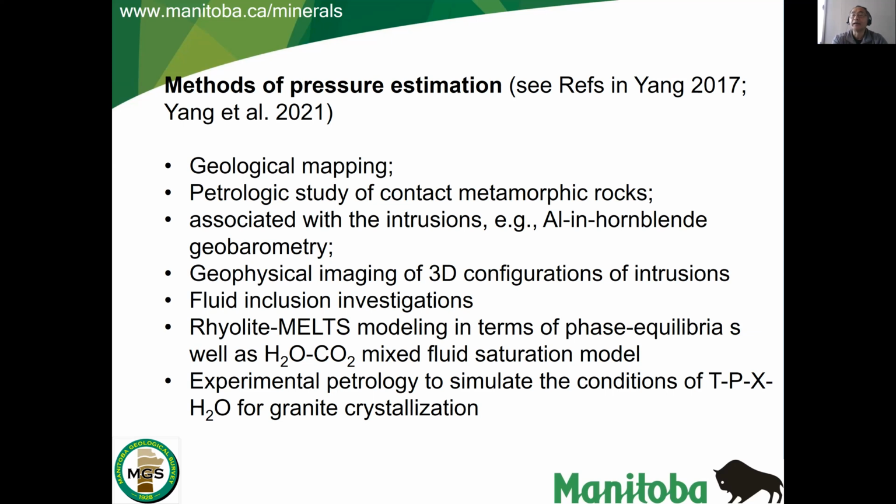That is derived from the aluminum-in-hornblende geobarometer, and some people also analyze the hornblende in the granitoids to estimate the hornblende crystallization pressure. We also use 3D geophysical imaging to configure the intrusions.